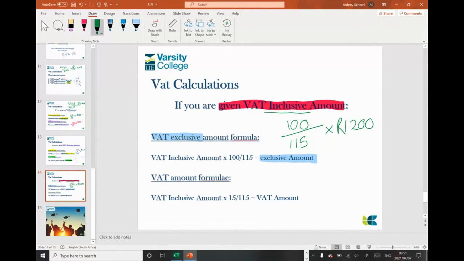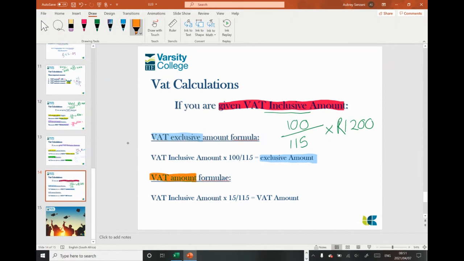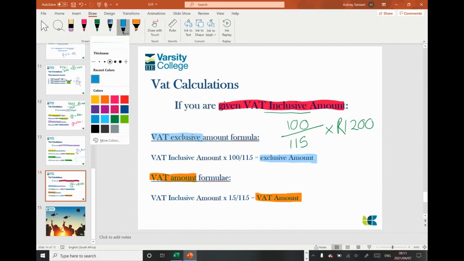Then here again, we want to calculate the VAT amount. What is the VAT amount again? We know it to be 15.